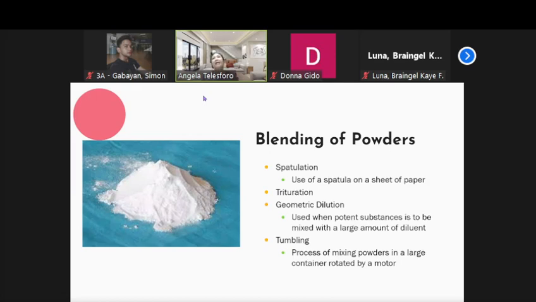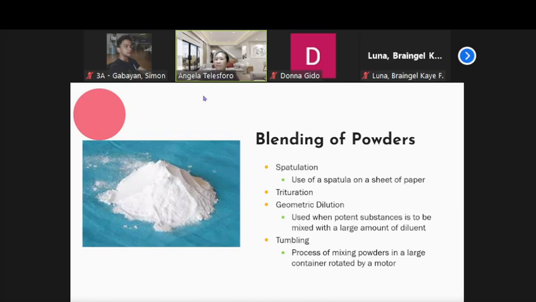And you have 500 grams of excipients, so it is very far apart. What we do is we start with the 5 grams of the API.